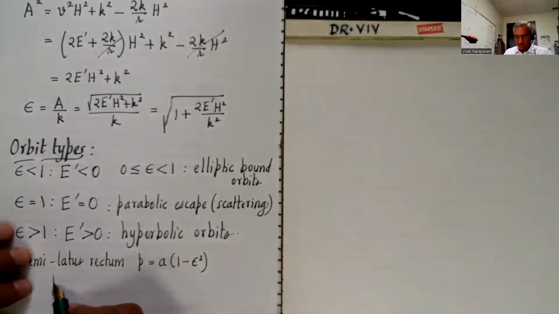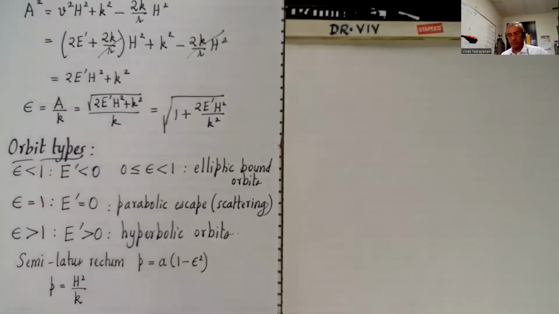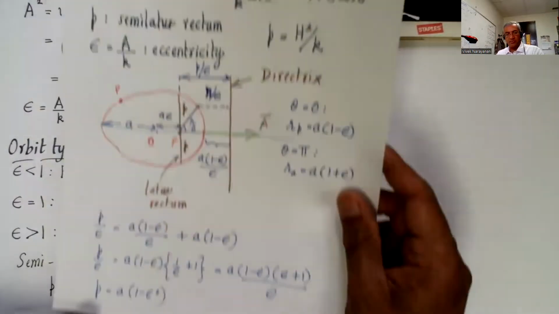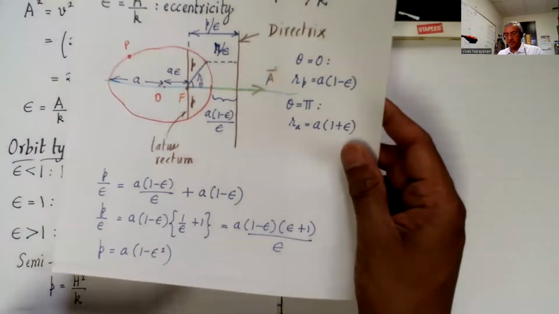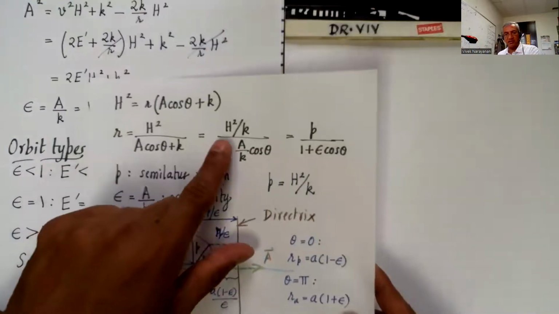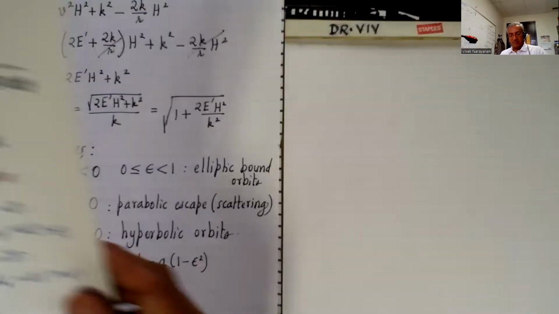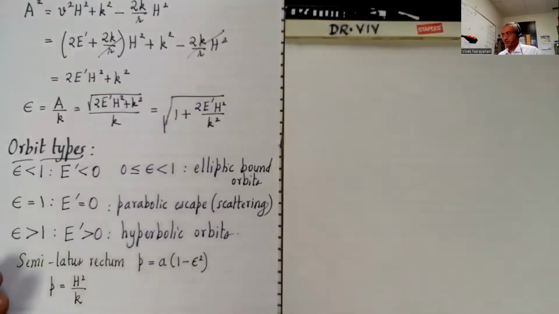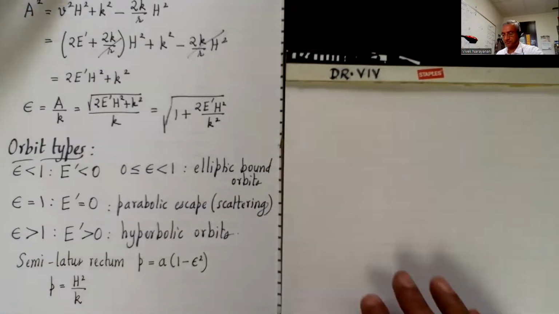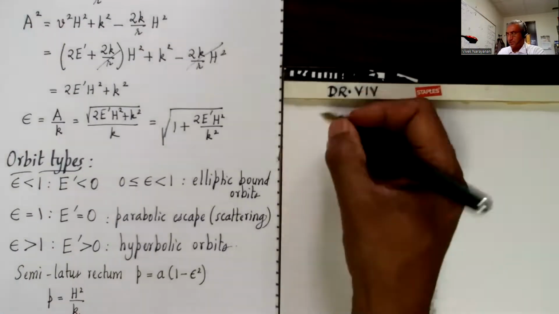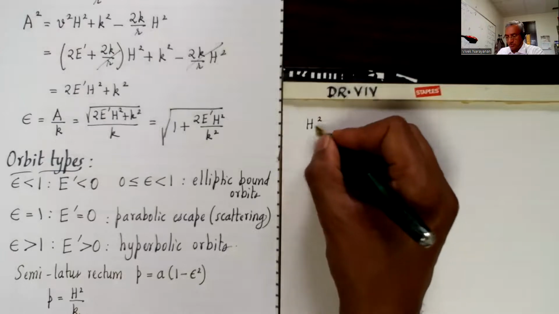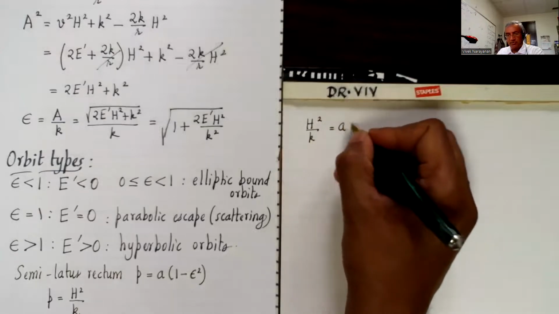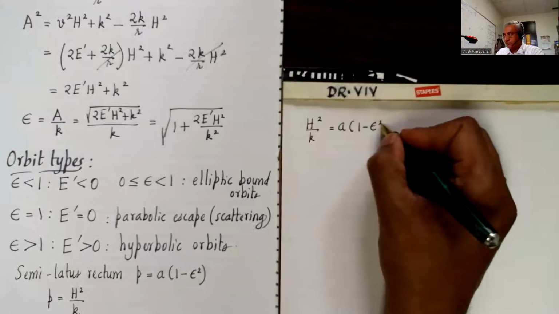Now P is also equal to h squared upon K. So we're going to put these two meanings of the term P together. We have P equals A times 1 minus epsilon squared, but we also have P equals h squared over K. We have not explored what happens when we set those two things equal to each other. Now we'll do that. What do I get? H squared over K equals A times 1 minus epsilon squared.